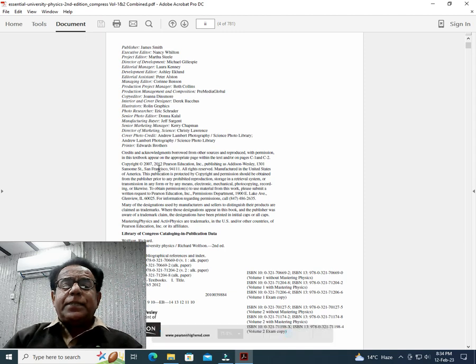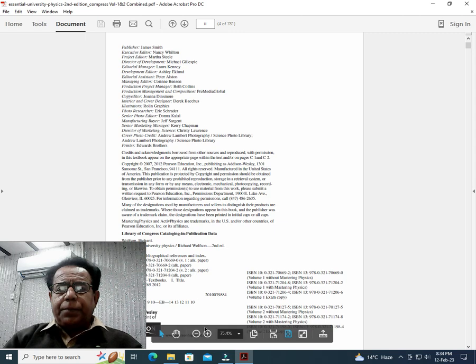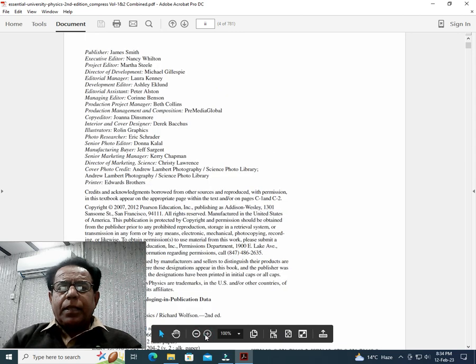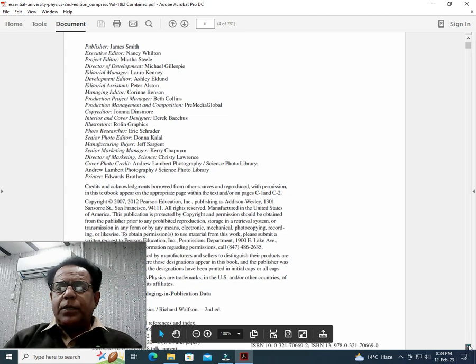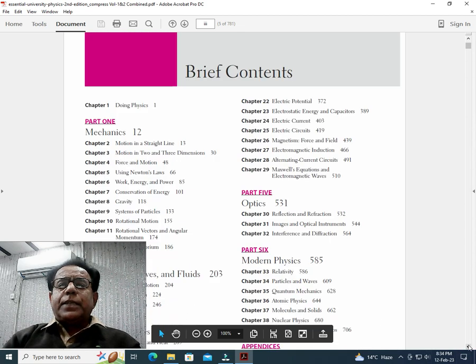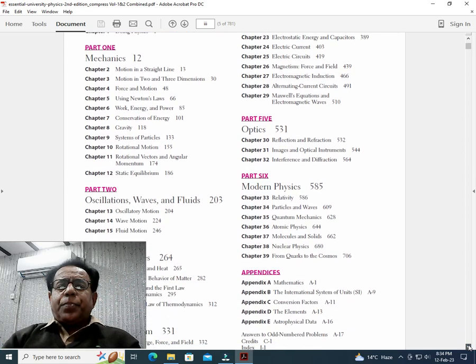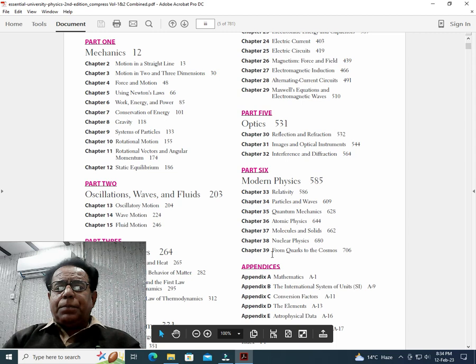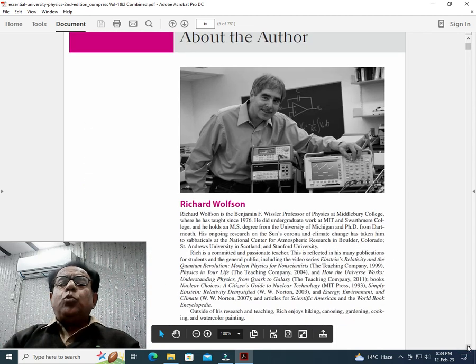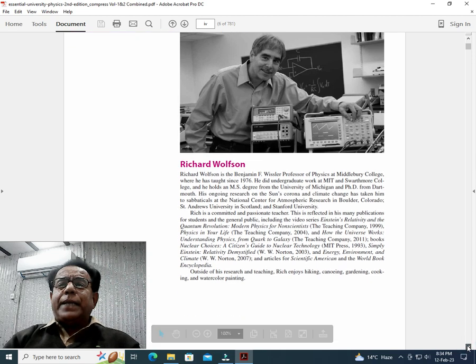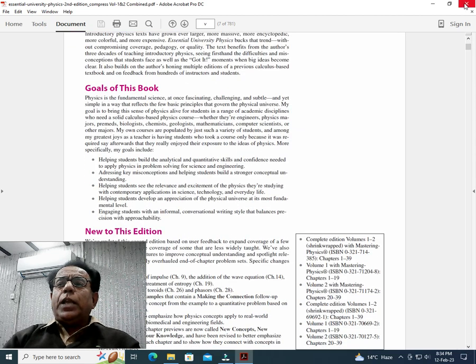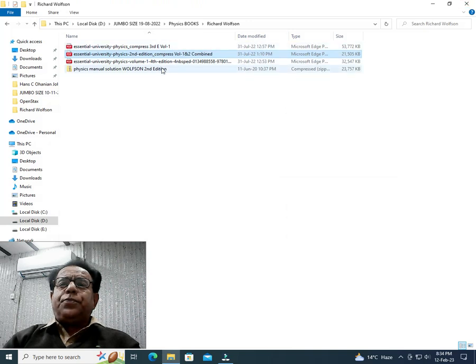It means the first edition was published in 2007 and the second in 2012. We move further and see the contents. The last chapter is chapter number 39, From Quarks to Cosmos. The only difference is that this is combined, volumes 1 and 2, and the previous was only the first volume.